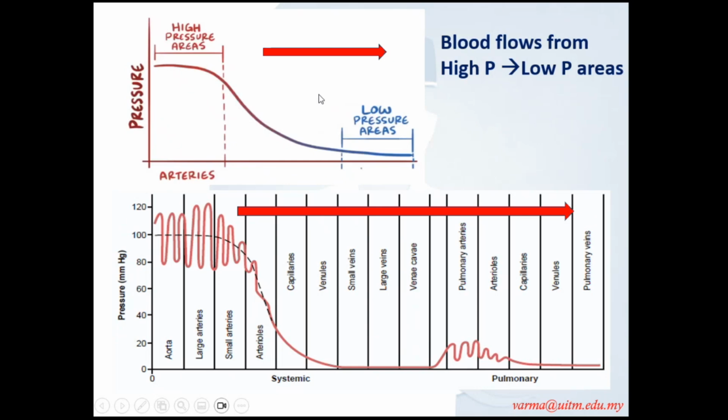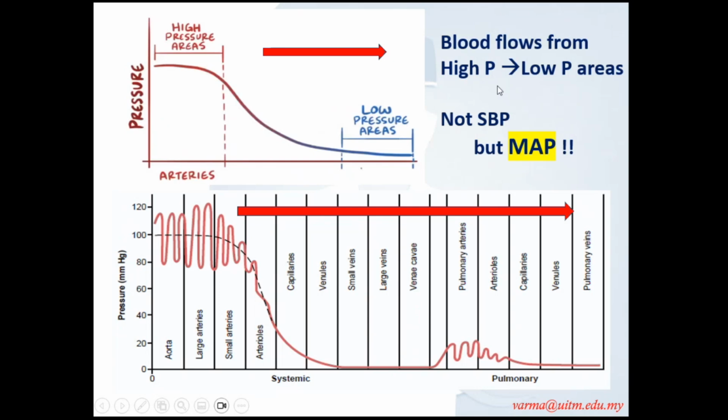So we can see the blood flow depends on your MAP, not systolic blood pressure, because if it depended on your systolic blood pressure, it wouldn't go from high to low pressure, since systolic blood pressure will be higher here, then as it goes down, it will fall and fall. If it followed systolic blood pressure, the blood would not flow from higher to lower pressure areas.